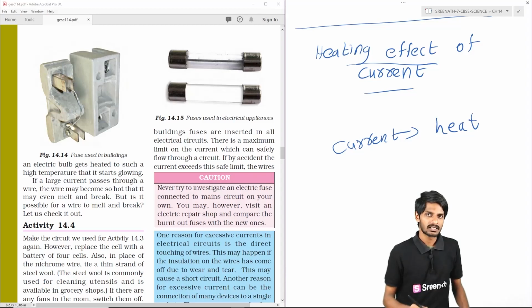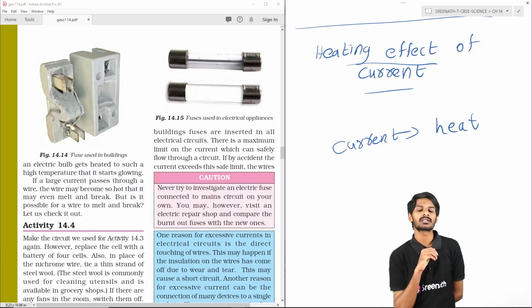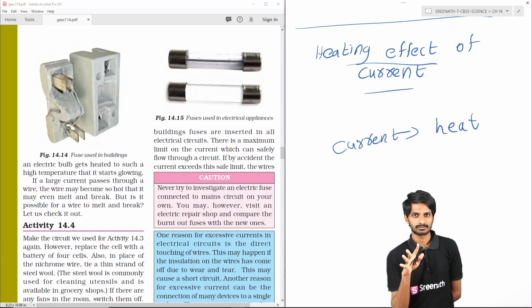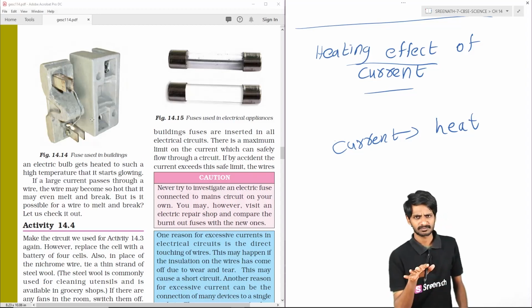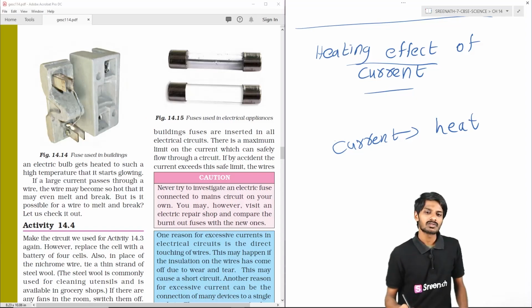If the current is heating that much, the fuse breaks, and there will be no current in the building. Nowadays these types of fuses are visible in electrical appliances.